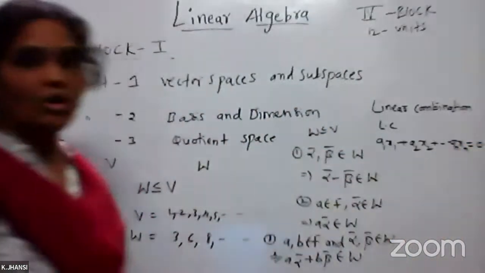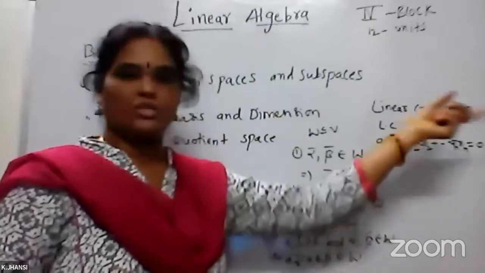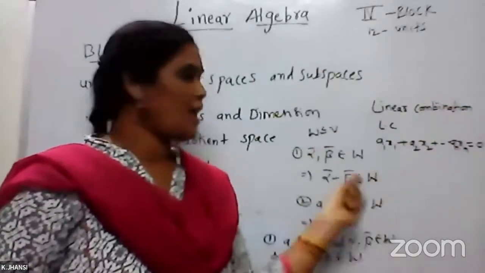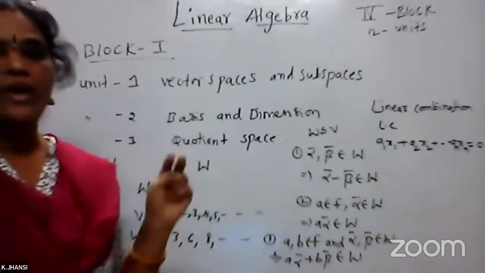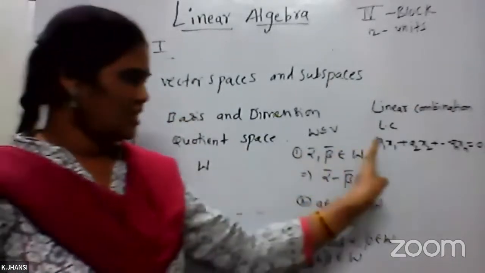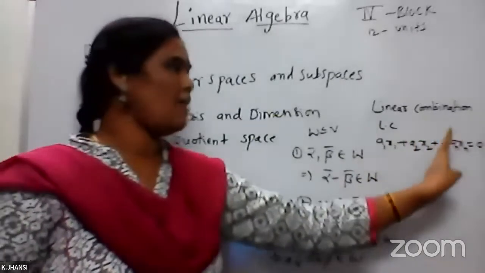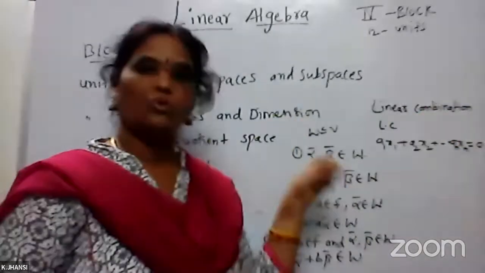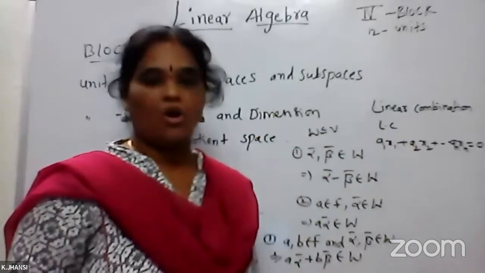That means you are taking the scalars a1, a2, a3 up till an, and also you are taking the vectors as x1, x2, x3. If you write them as a combination, that is a1 into x1 plus a2 into x2 and so on up till an into xn, whenever you can write like this, it is called a linear combination.